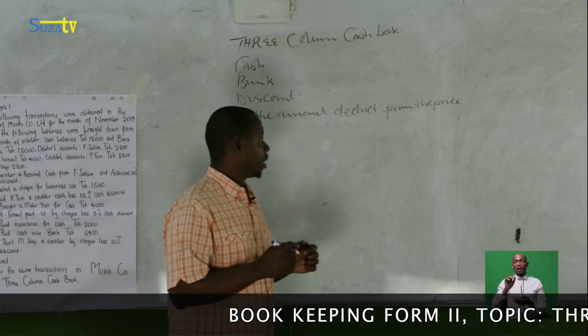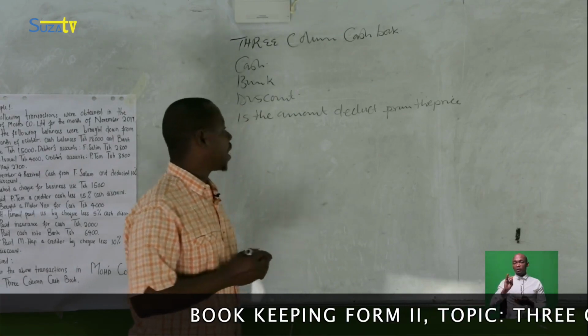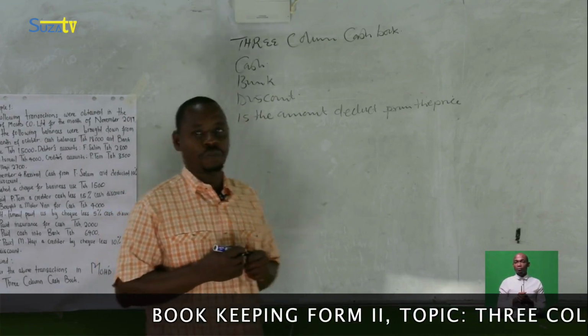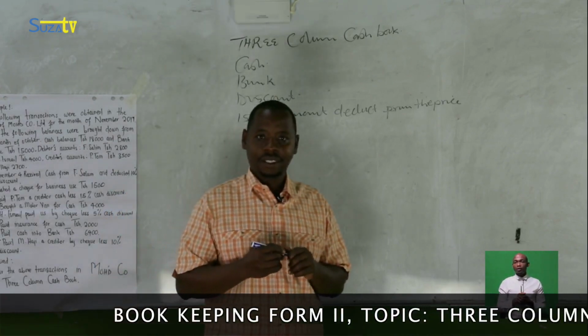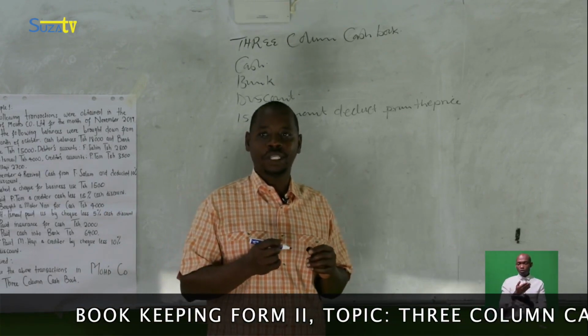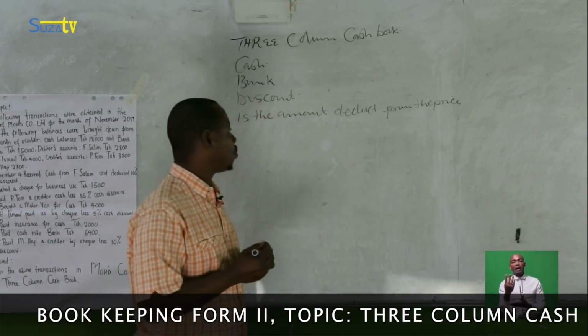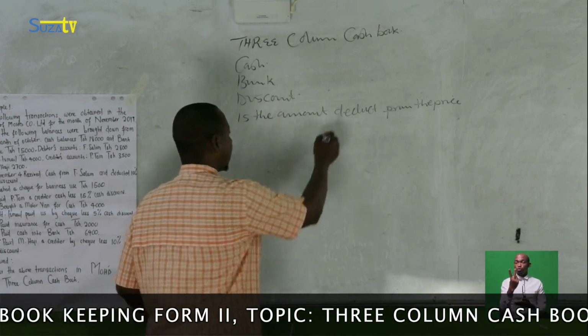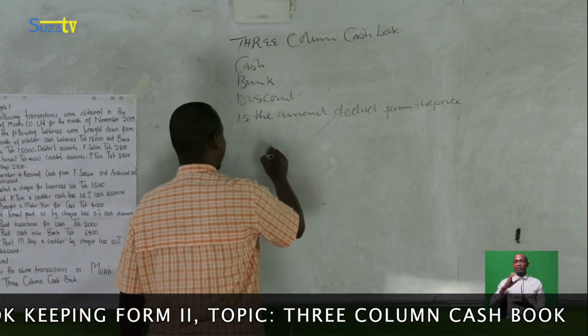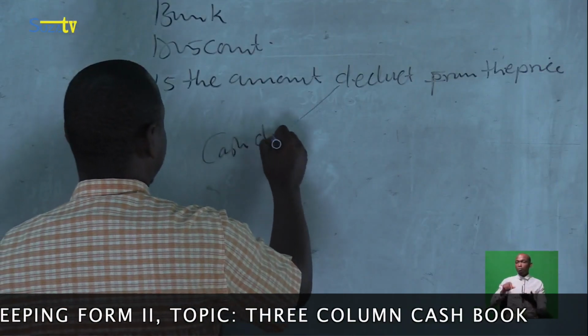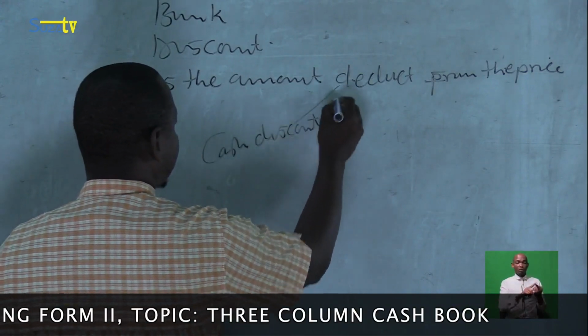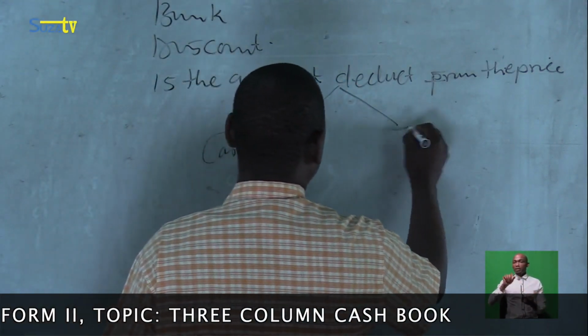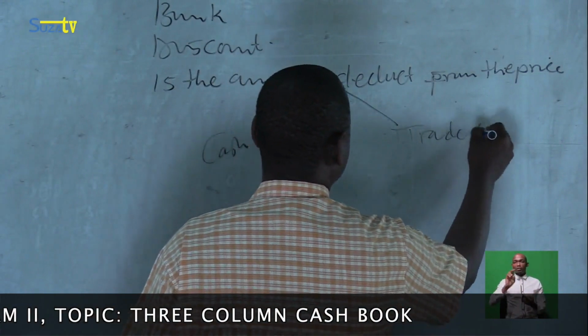How may we categorize a deduction of a price? There are 2 common categories of deduction of a price. One is cash discount. The second one is trade discount.